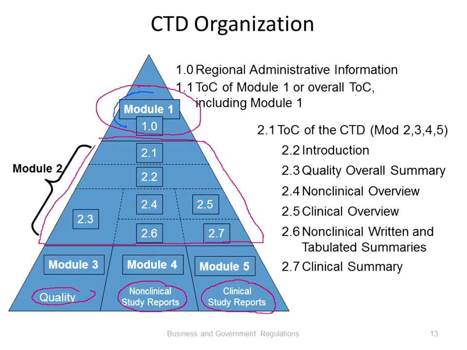And then 2.1 is again general information. 2.2 is general information. 2.3 is going to be quality specific. 2.4, 2.6 are non-clinical studies specific. 2.5, 2.7 are clinical study report specific, but mostly general information about that. And then more specific information would be in these modules. So do we get the structure of the document, how it is organized? Okay.